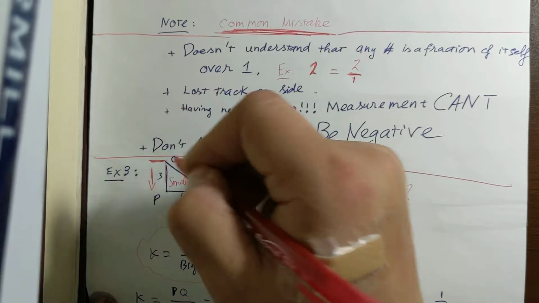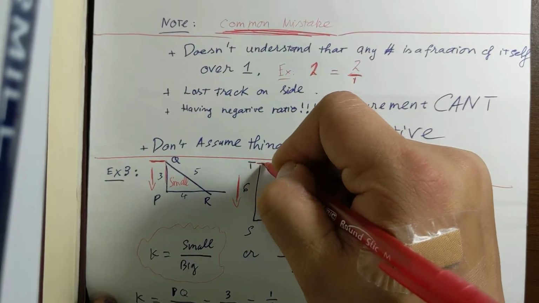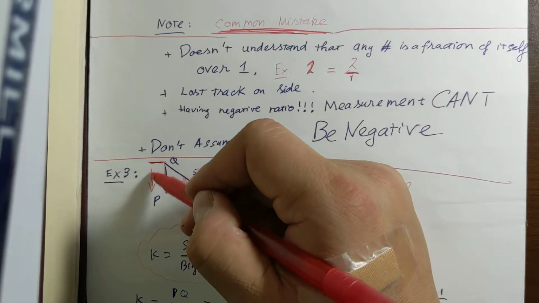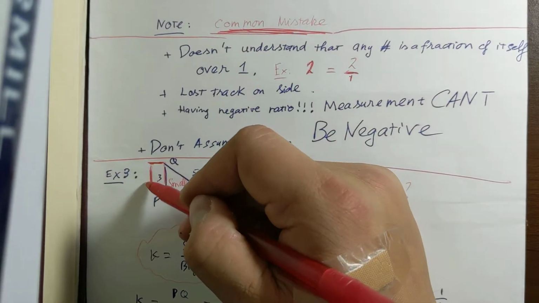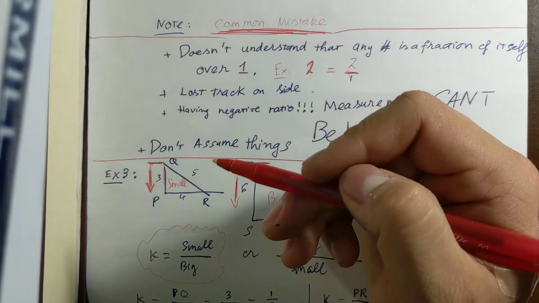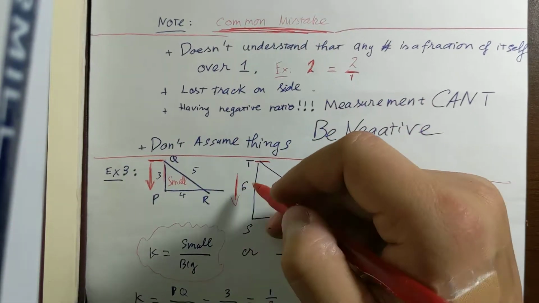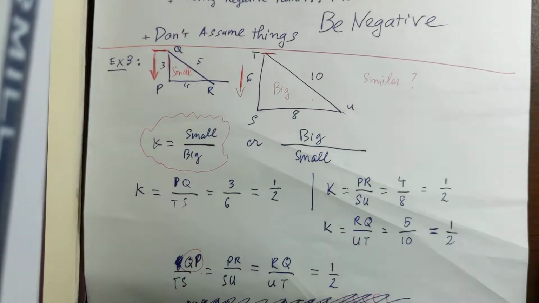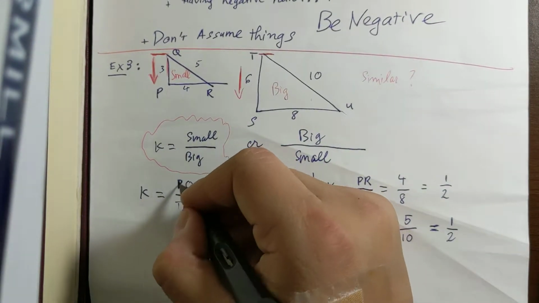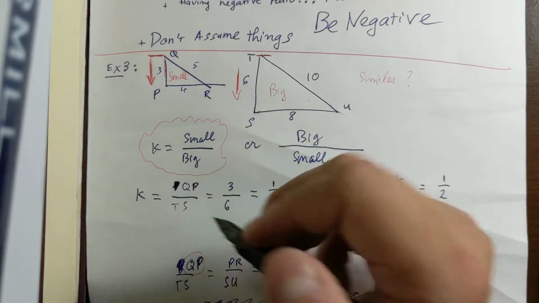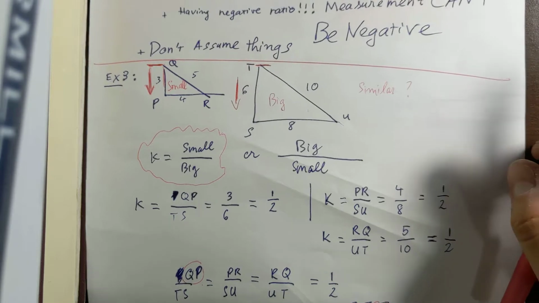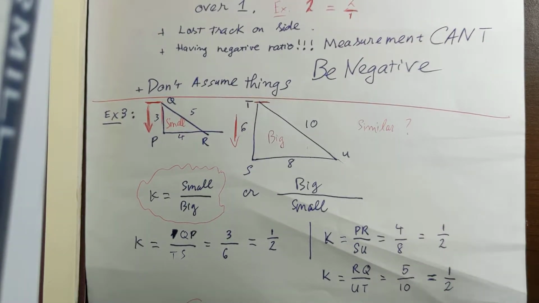This is my starting point, the top part here. If I follow along this direction, my first side will be QP over TS.